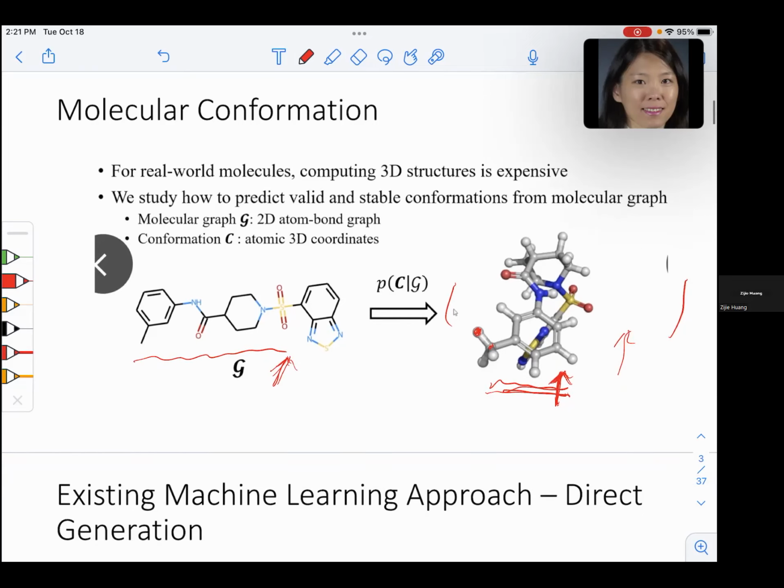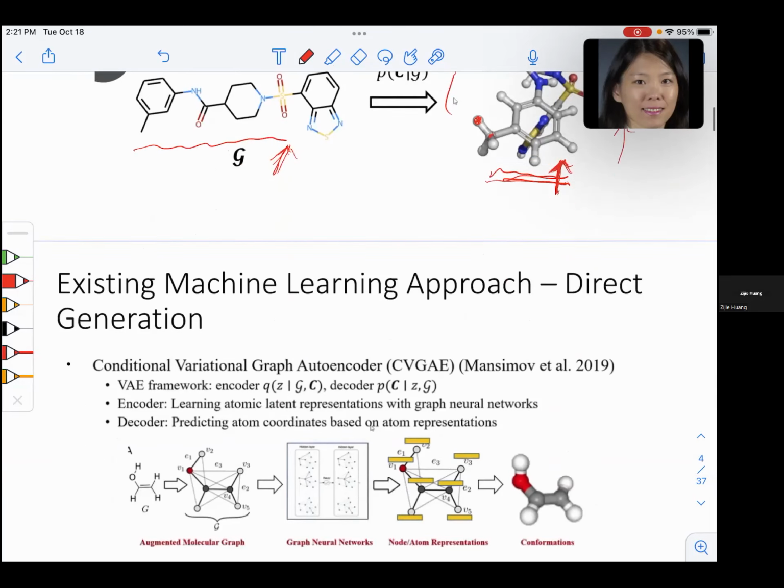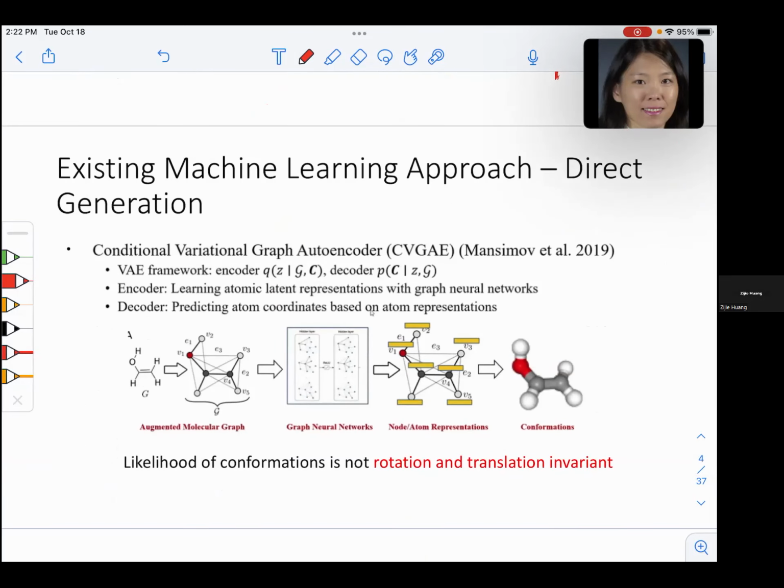So let's move on to see what existing machine learning based approaches there are for molecular generation. The first work to achieve this is called CVGAE, proposed in 2019.